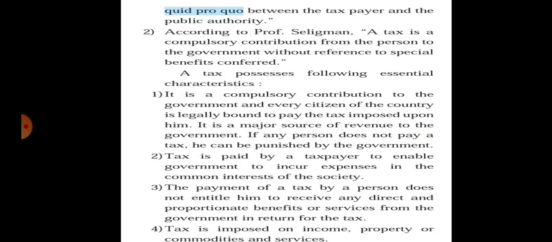The tax is paid by the taxpayer to enable the government to incur expenses in the common interest of society. Next, payment of the tax by a person does not entitle him to receive any direct and proportionate benefits or services from the government in return for the tax. The tax is imposed on income, property or commodities and also services. That's why the common person pays the tax.